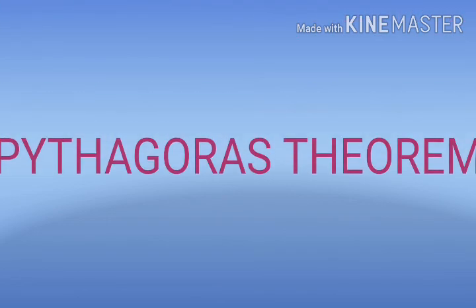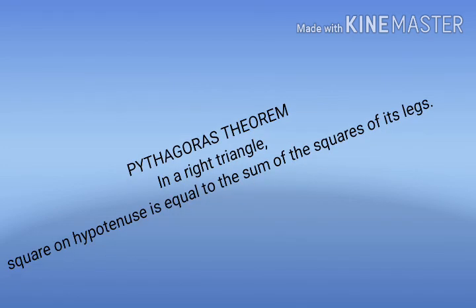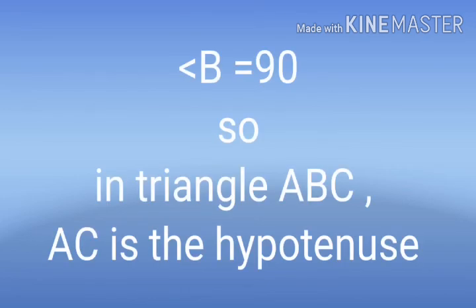Pythagoras theorem, isn't it? By Pythagoras theorem, in a right triangle, hypotenuse square equals base square plus altitude square. Here, which side is hypotenuse? Angle B is 90 degree in triangle ABC, so the side opposite to the right angle, that means AC, is the hypotenuse.